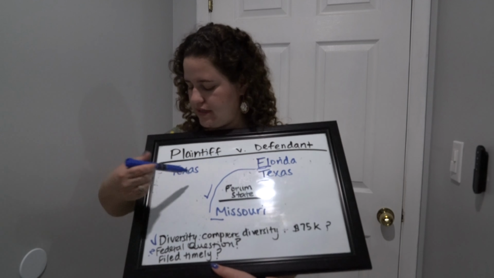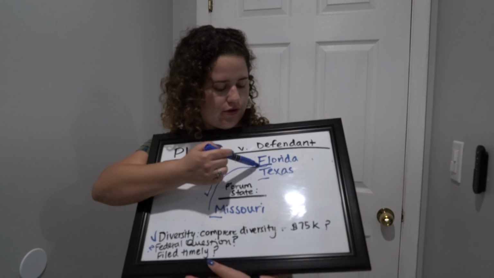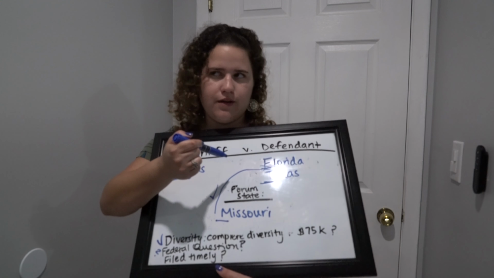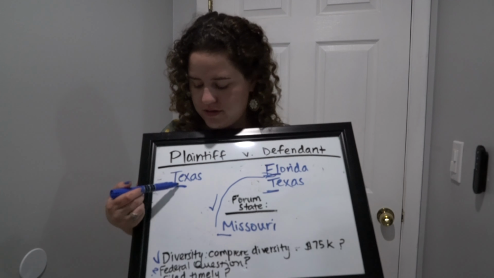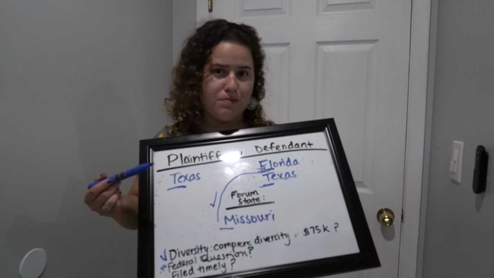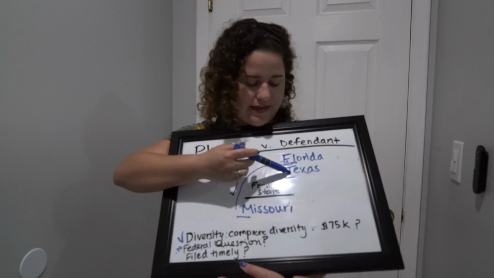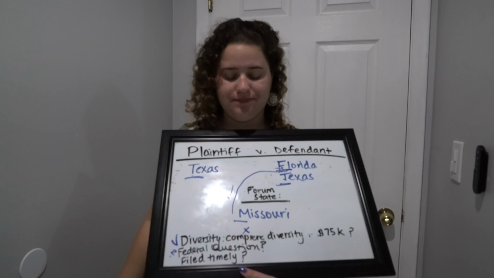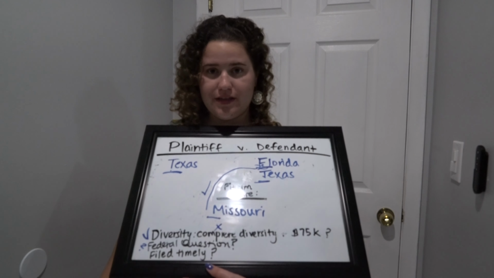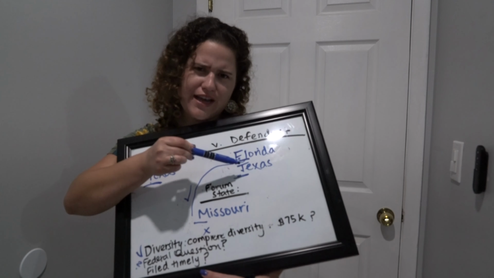Is there complete diversity? Texas, Florida, and Texas. Well, one of the defendants is completely diverse, Texas and Florida, but the other defendant, Texas and Texas, no can do. No complete diversity. Now, a way to remedy this would be drop the Texan.